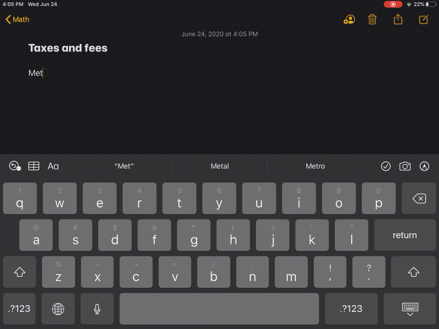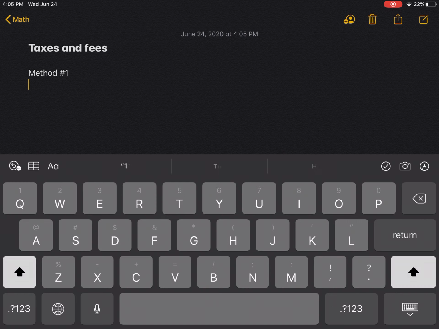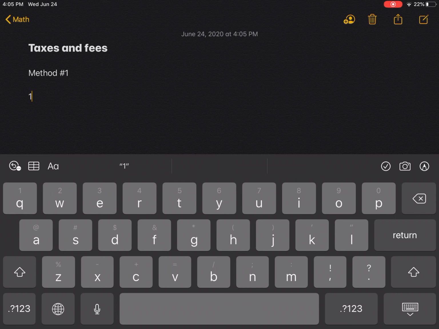So, method number 1. There's 1 cent in tax to every dollar.